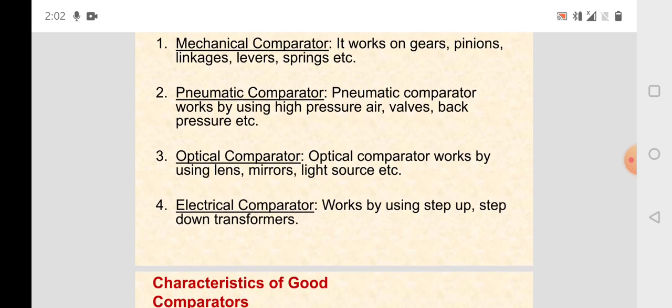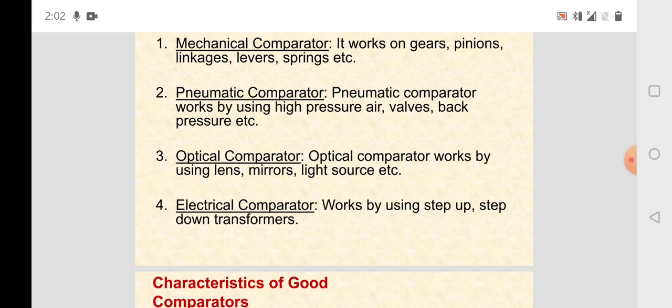As there are so many parts moving inside, there is a mechanism. That mechanism may consist of a gear train, a spring, a dial indicator, or a lever. So many things can be there in that assembly, and because of this there will be friction whenever some mechanism is moving.